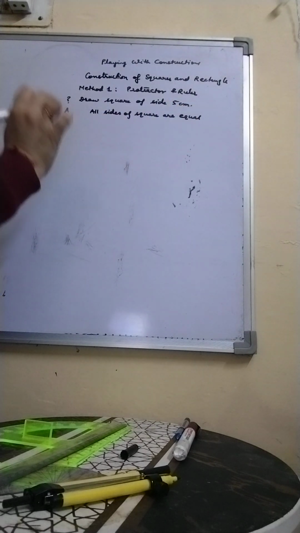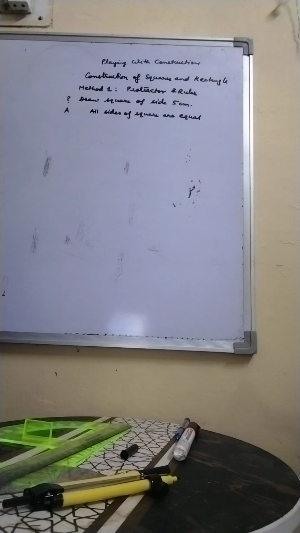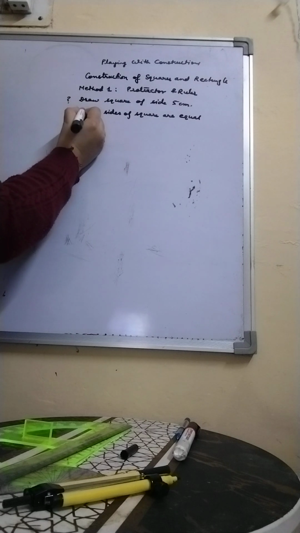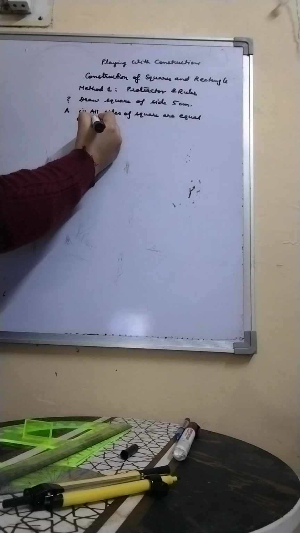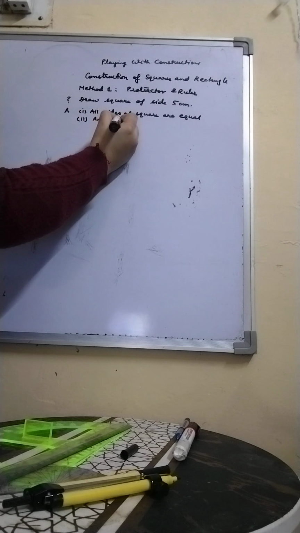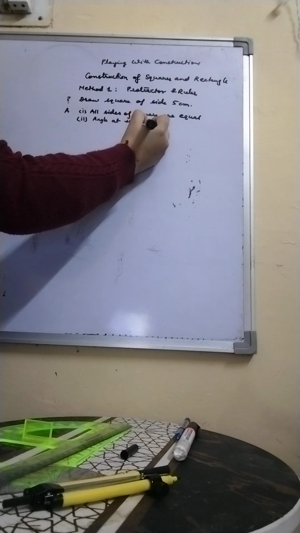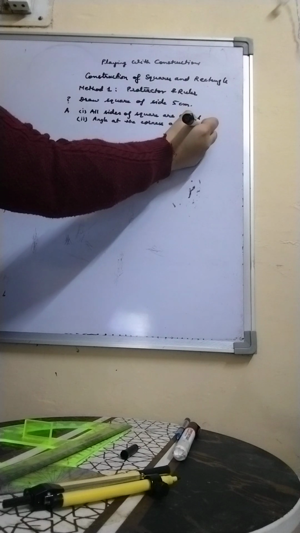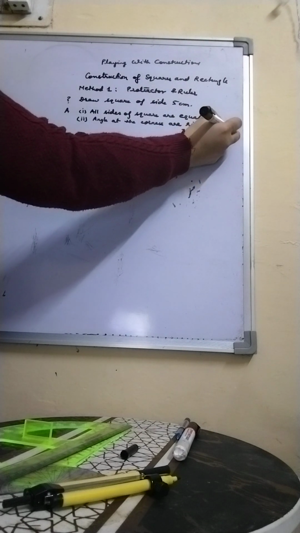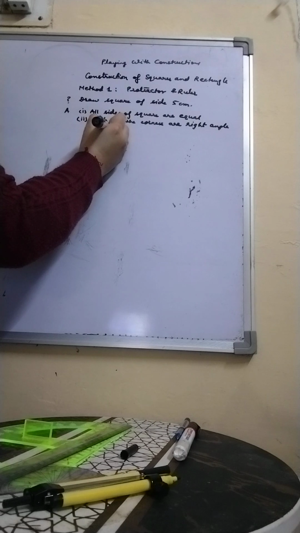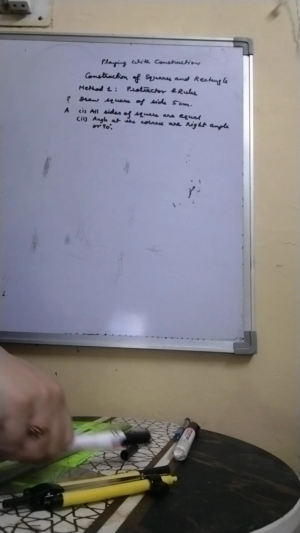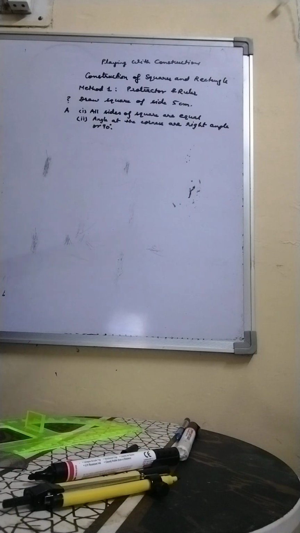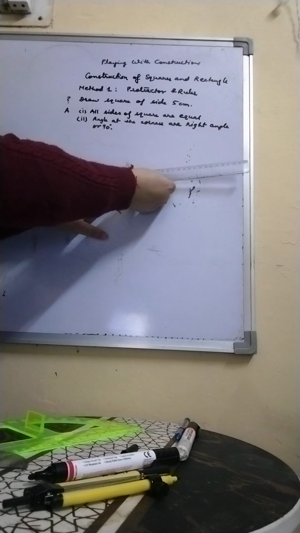So all will be 5 centimeter. This is the first thing. You must write the properties which you know. The second property is that angles at the corners are right angles, or 90 degrees. So these two properties we would use and draw the square.